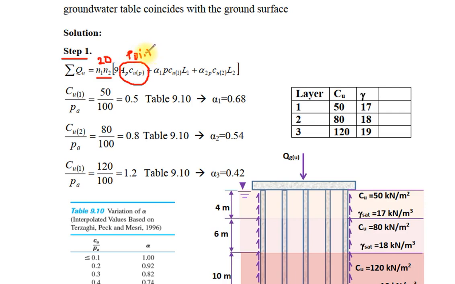This is point resistance, AP, area of the pile, multiplied by 9, which is the NC, the bearing capacity factor, multiplied by the undrained cohesion at the tip of the pile, plus summation of the skin friction for the first layer, plus skin friction for the second layer, plus skin friction alpha 3 multiplied by undrained cohesion 3 for the third layer, multiplied by L3, the thickness of the third layer.